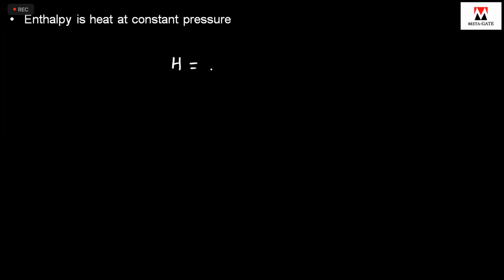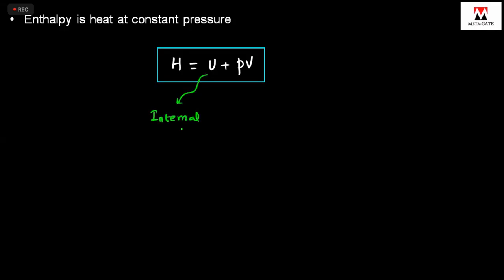So we write now H is equal to U plus PV. U is the internal energy, P is the pressure, V is the volume.